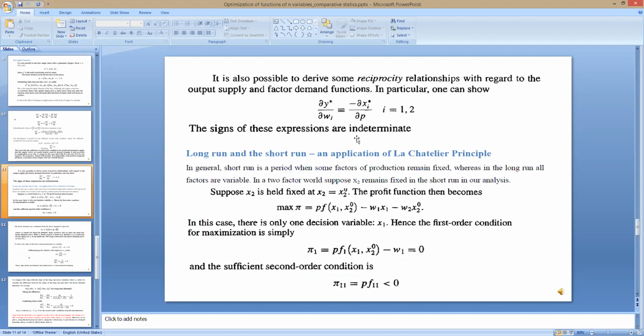So these are the last 2 exercises. So 9, then 10, 11. First you consider with respect to W1, then you will have X1 star here. Then you consider with respect to W2, then you will have X2 star here. So are you understanding what other exercises you should have with you?